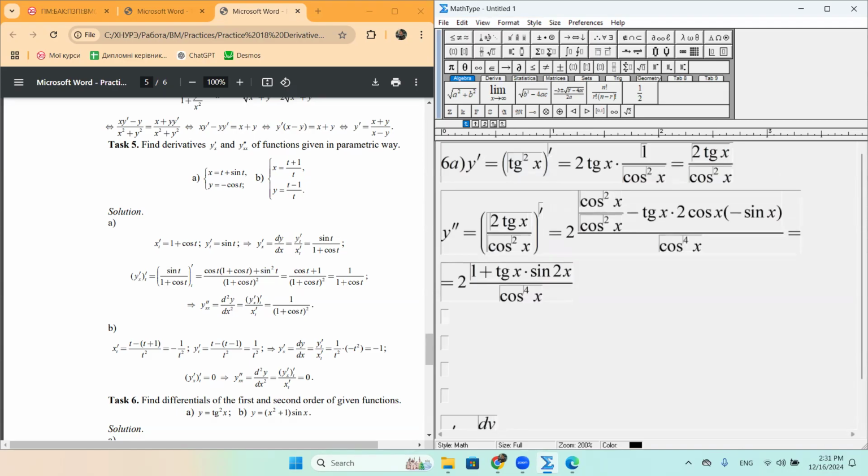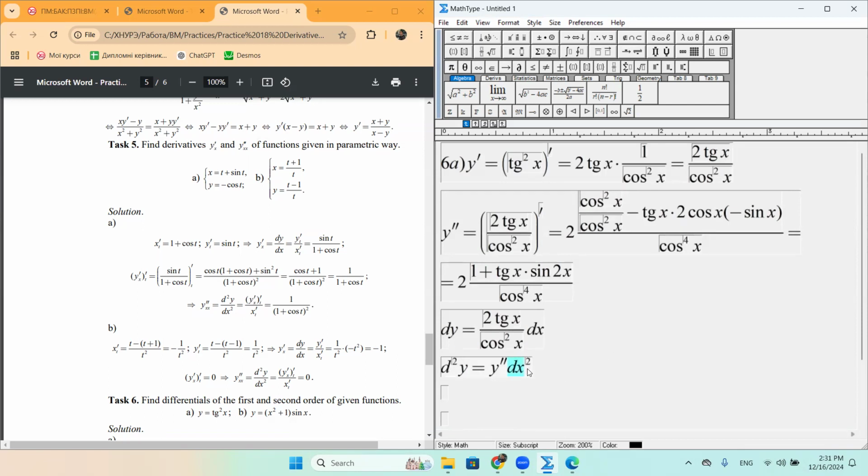So dy equals, so we just multiply the derivative by dx. And the second differential basically equals y prime twice by dx in power of 2.